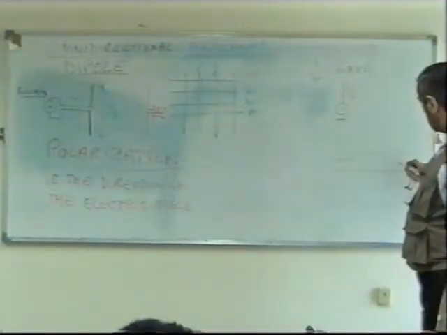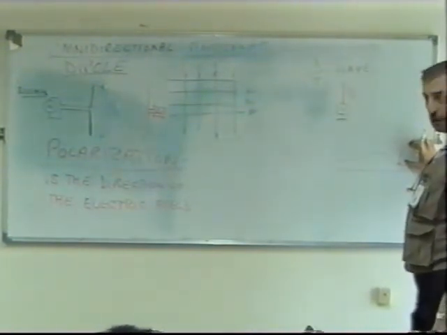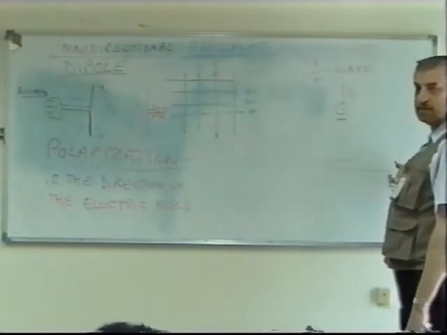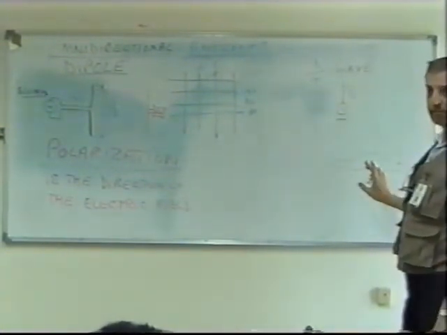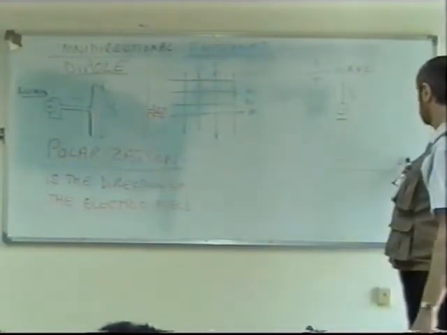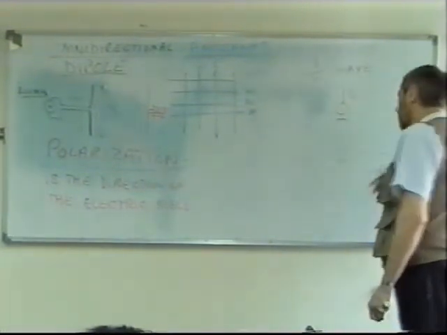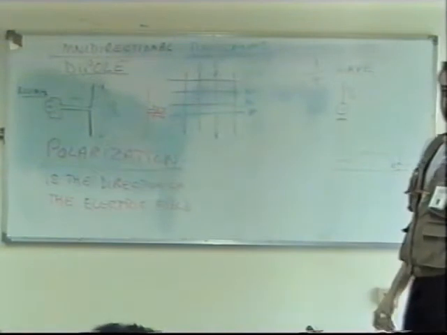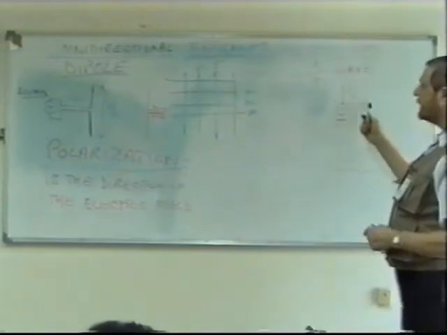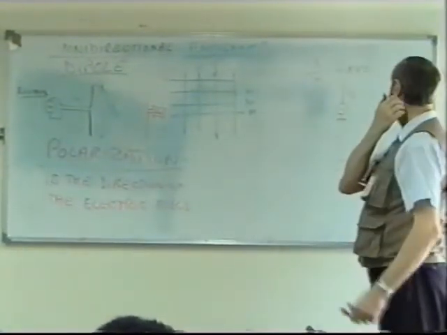Then instead of having this a half wavelength long, you could have it a quarter wavelength long, and the rest of the antenna is the car itself, or the ground. Not quite as efficient as the dipole, but it would work, and you would connect your transmitter between the antenna and the ground of the car, the chassis. That's another use. Again, it is omnidirectional, radiation from all directions.